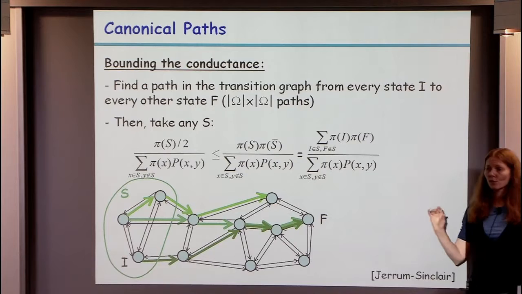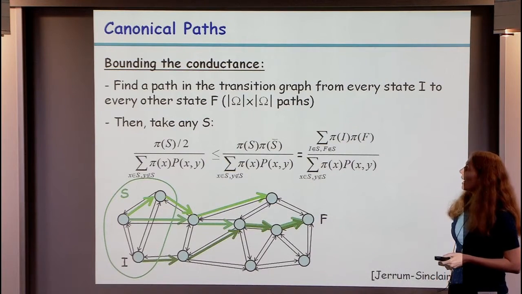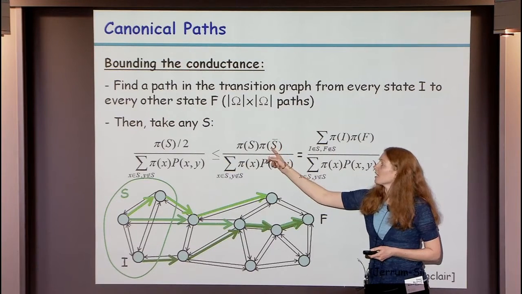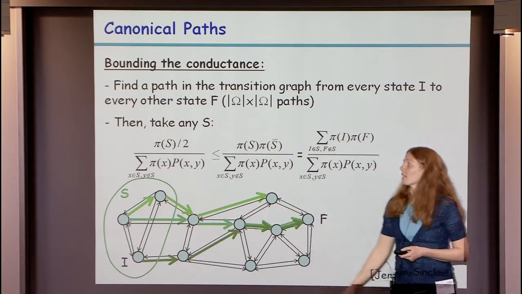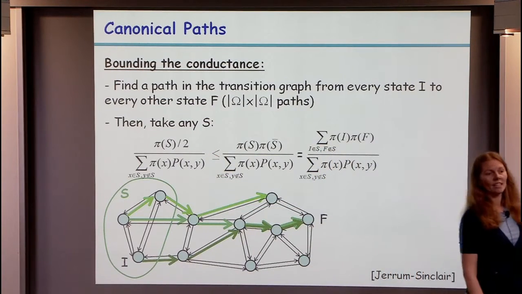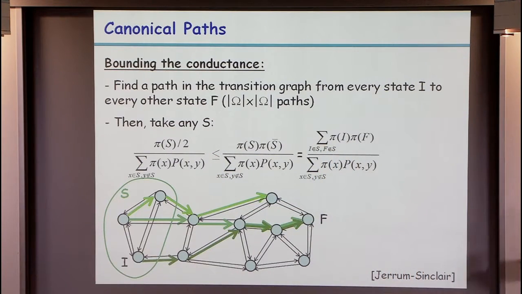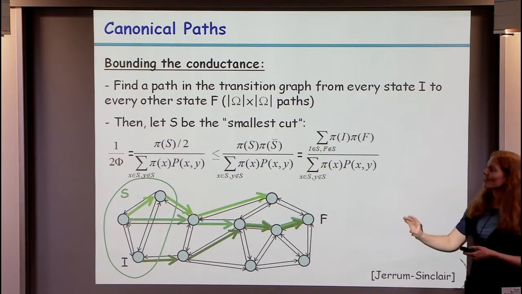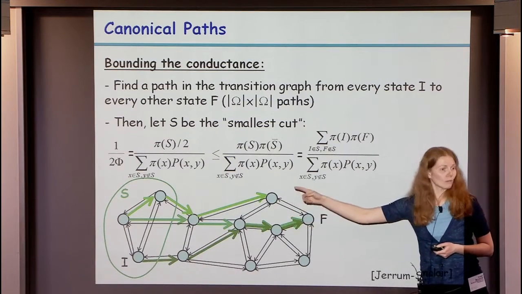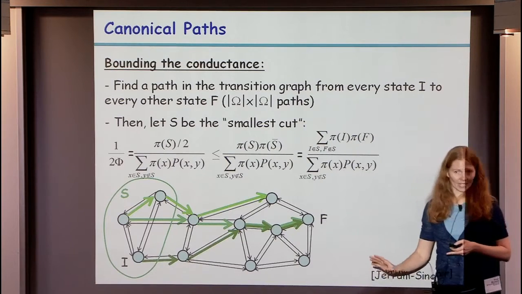I have a reversible chain, so it doesn't really matter. And therefore, the probability of the complement is lower bounded by 1/2, so I can simply write this expression. But this expression is something that we have seen. It's really just the definition of the conductance, the reciprocal of that, and half. But it's a definition assuming that I'm actually looking at the smallest possible cut S. Okay? So that's my left-hand side.